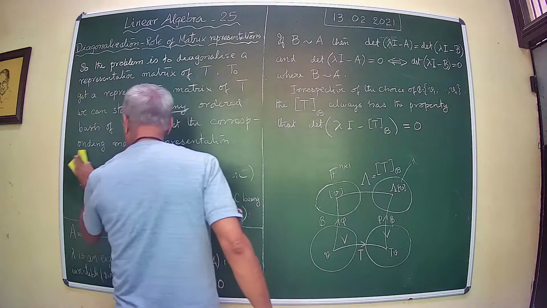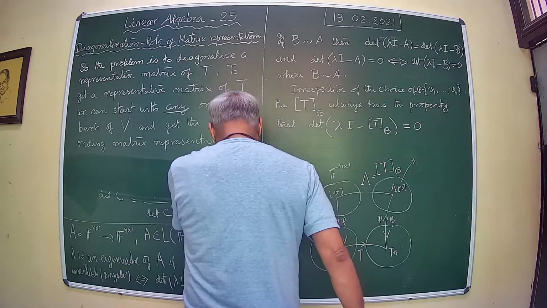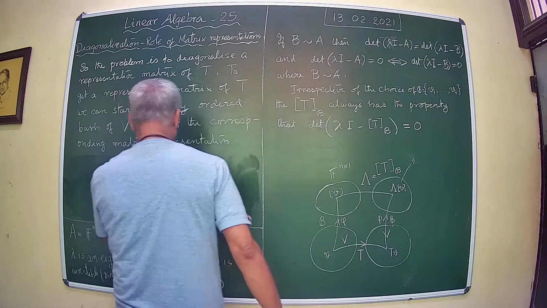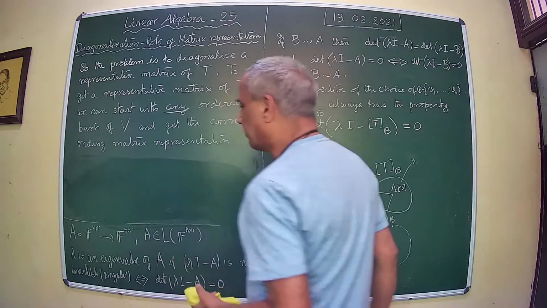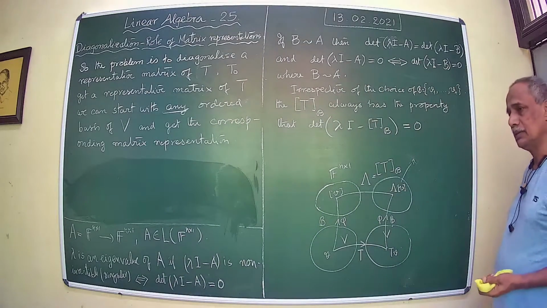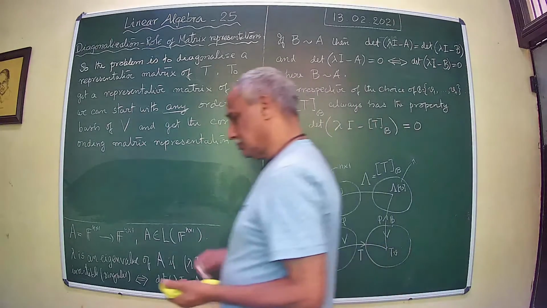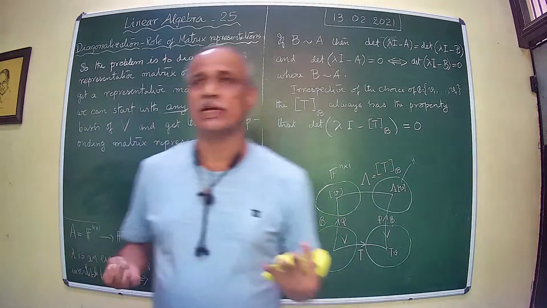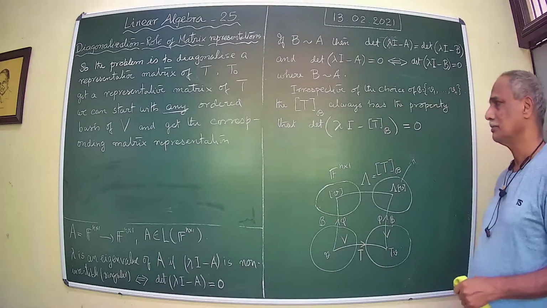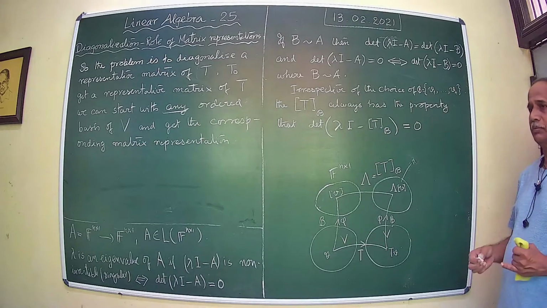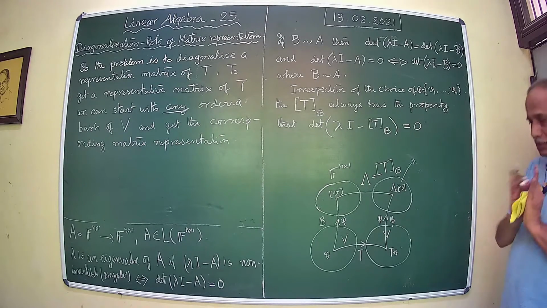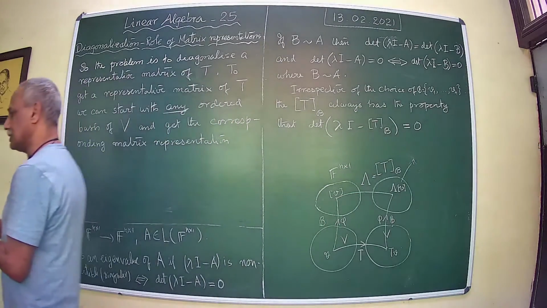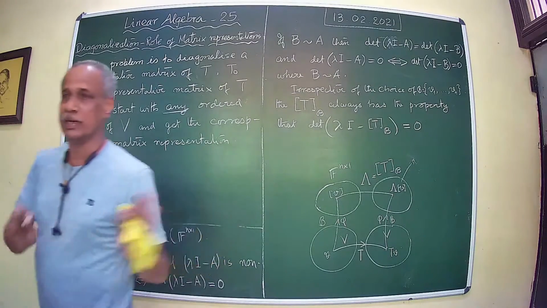So our strategy is to choose a very convenient ordered basis for V without ever bothering about what T is, and then get the matrix representation of T with respect to that basis. It's an n by n matrix. Now what is the next step? The next step is to construct a diagonal matrix lambda which is related to this matrix.